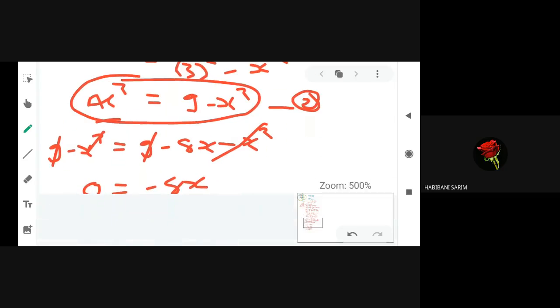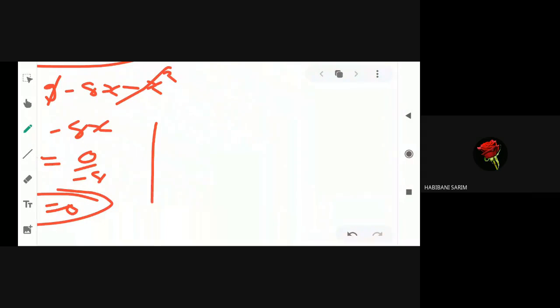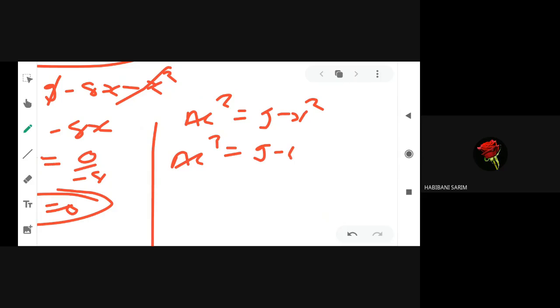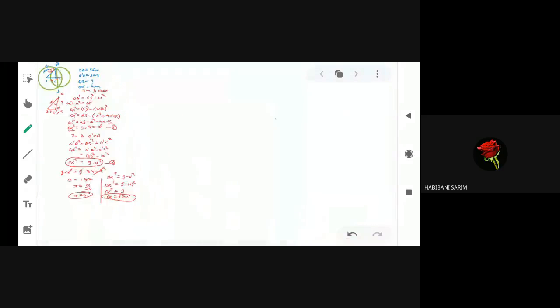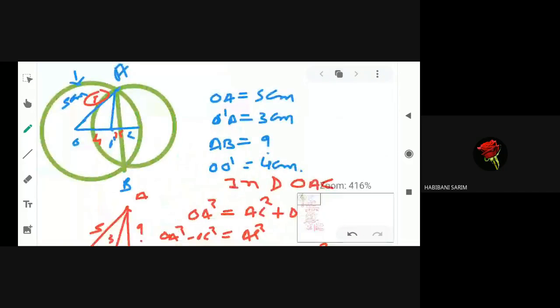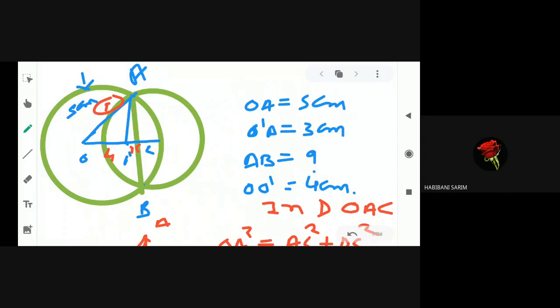So AC square is equal to 9 minus x square, given. So AC square is equal to 9 minus 0 square. AC square is equal to 9 and AC is equal to 3 centimeter. But we have to find the total chord and total chord is AB.